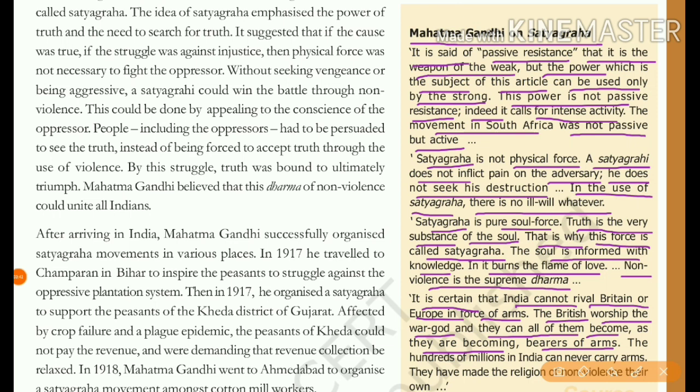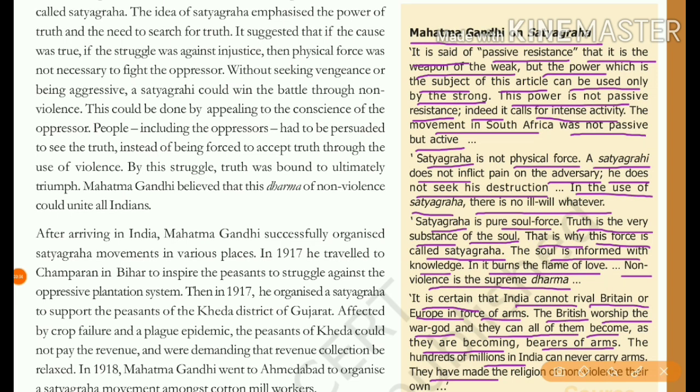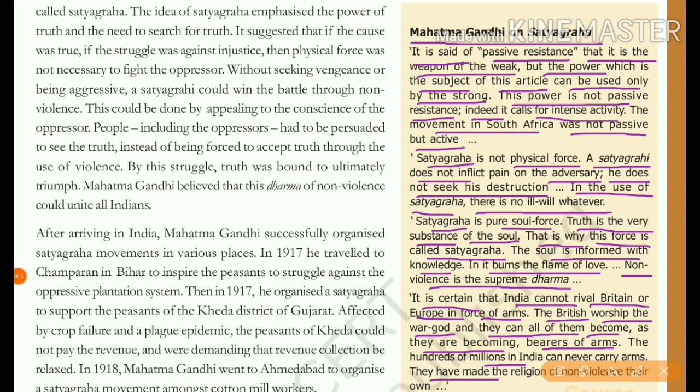The hundreds of millions of Indians can never carry arms, but they have made the religion of non-violence their own. So it's not possible to face Britain through arms, because the British worship the war god. They speak only through arms. So hundreds of millions of Indians can never carry any type of arms. They followed non-violence because they adopted it, they have made the religion of non-violence their own.